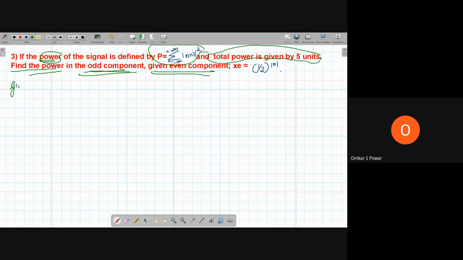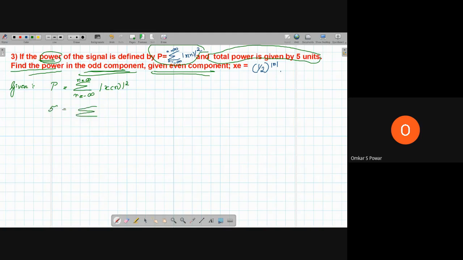So given power is equal to summation n varies from minus infinity to infinity mod x of n the whole square. So what is the value of the power given here? 5 units.